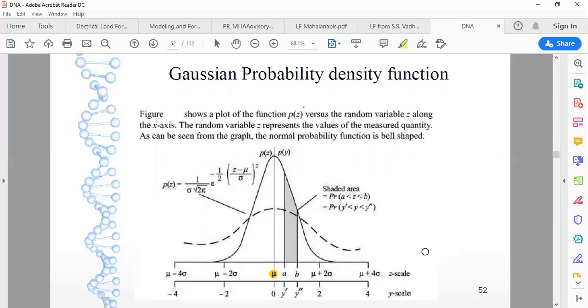To go from absolute value to normalized value, we do the normalization function. How? We know the value mu, so each and every observation is divided by mu, and whatever value we get is the normalized value. After converting the absolute value to a normalized value, the plot is drawn again, and that is known as the normalized Gaussian probability density curve.